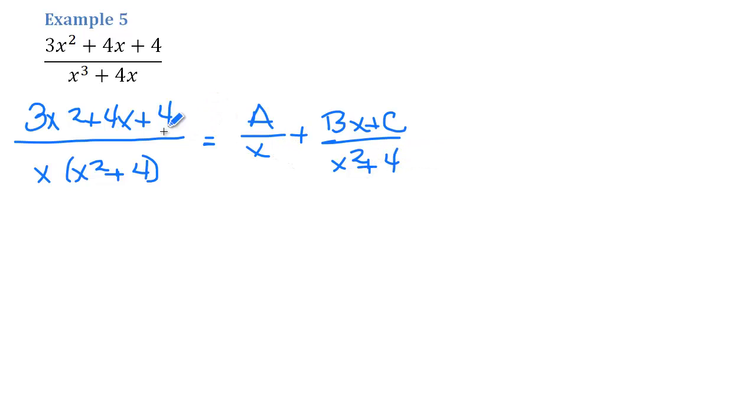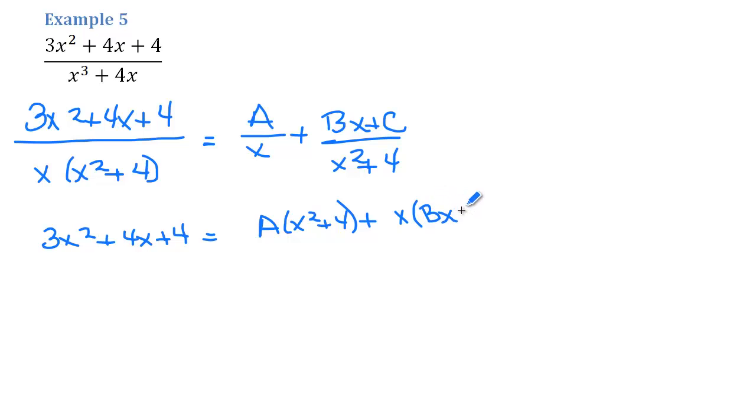So when we multiply by our least common multiple, 3x squared plus 4x plus 4 will be equal to a times the x squared plus 4 plus x times the bx plus c. Now this is one time when we will multiply everything out because it will make simplifying things a lot easier.